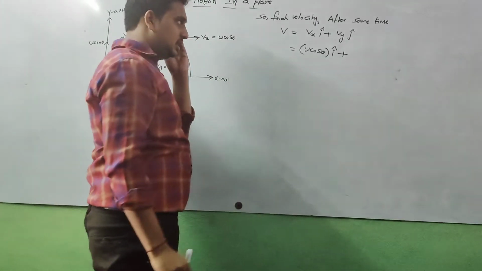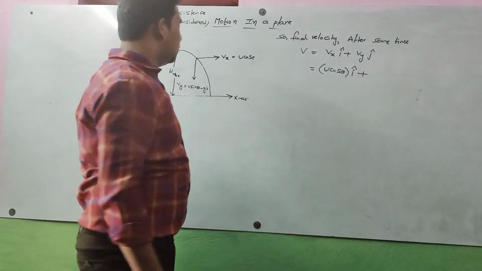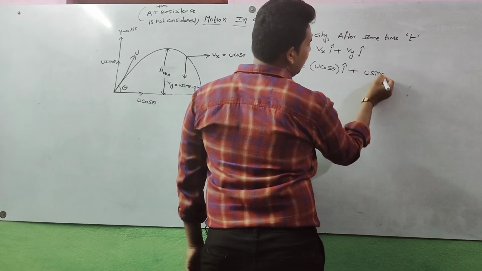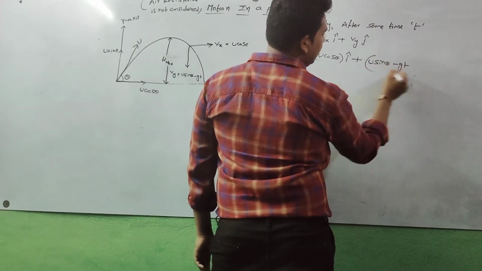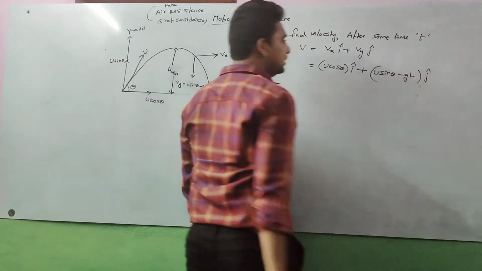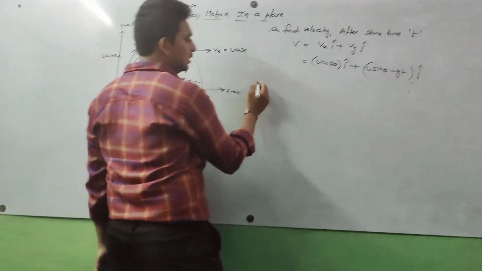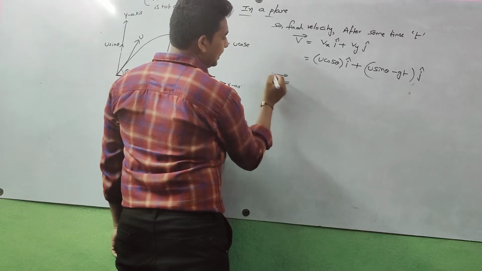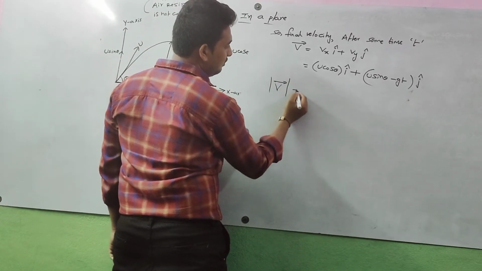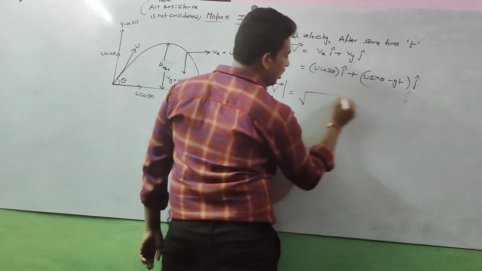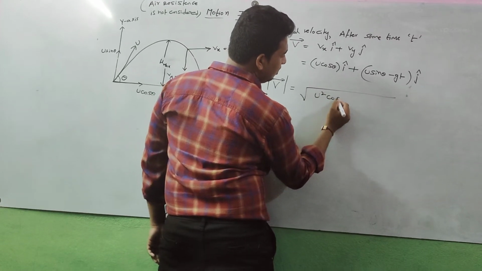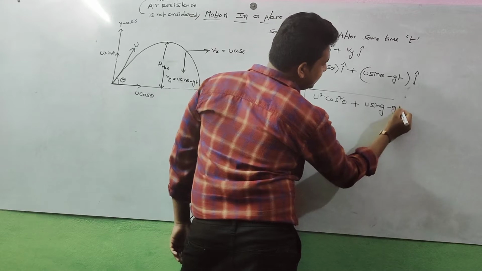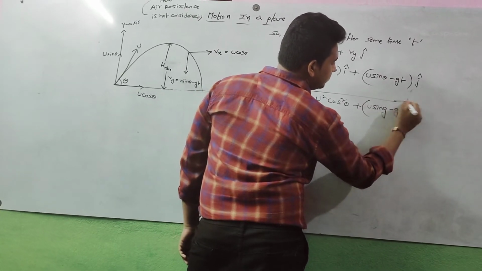Vy means u sin theta minus gt after some time t, into j cap. That means v is the velocity vector, and the magnitude of velocity is equal to the square root of u square cos square theta plus (u sin theta minus gt) whole square.